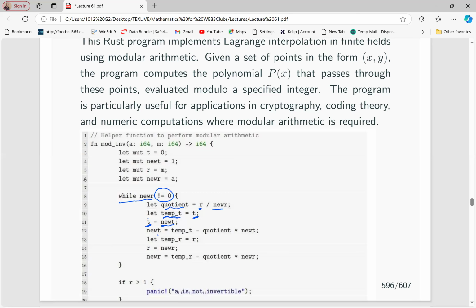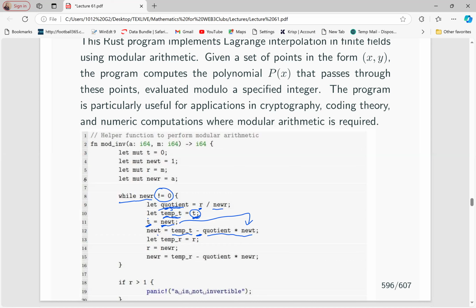New t is calculated by the temporary t, the one you made temporary, then subtract this quotient multiplied by new t. That's how you do that. I'll show an example with these steps.